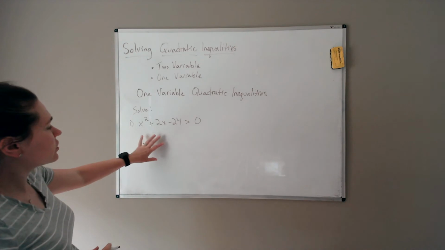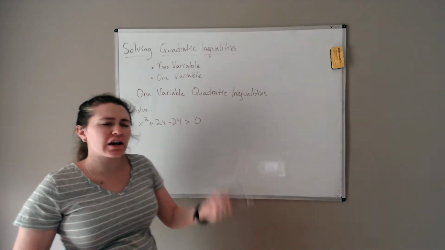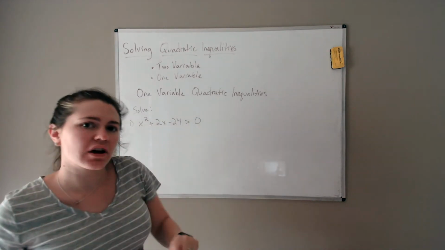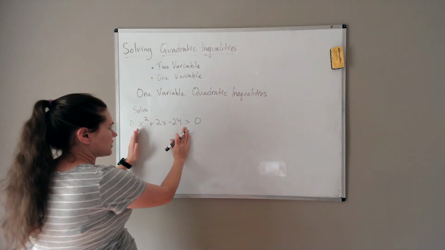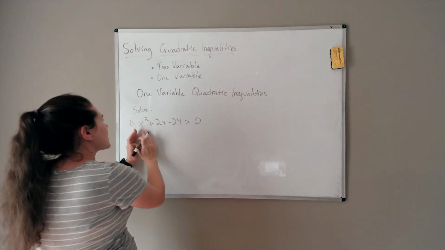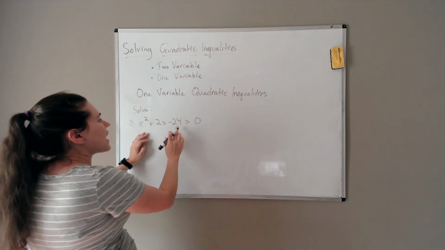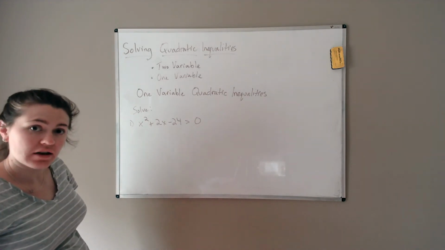So notice, you don't have two variables. You're not trying to find the ordered pairs x comma y that satisfy the statement. What you're trying to find now is, what are the values of x that make x squared plus 2x minus 24 give you an output that's greater than 0?